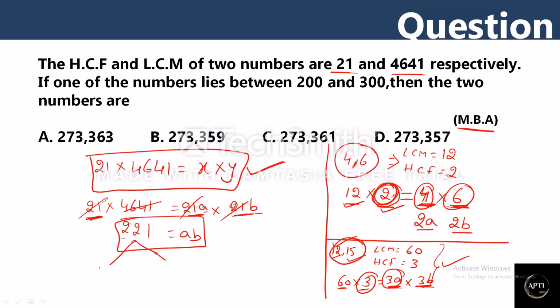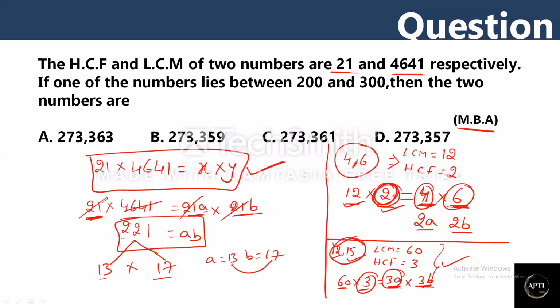So 13, it will be divisible by 13. 13 times 17 is 221, so we write it as factors. So a is 13 and b is 17, because 13 times 17 is 221.